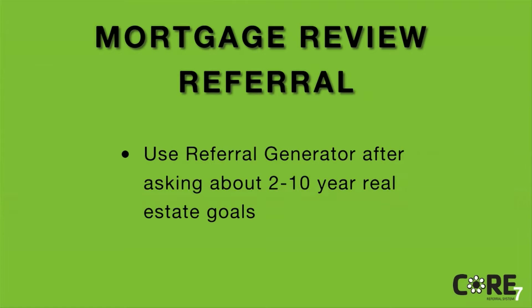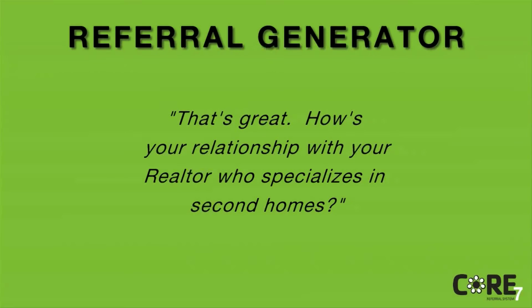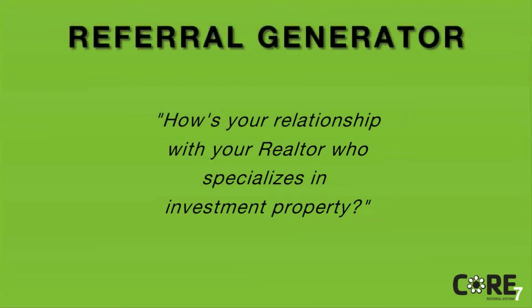Let me give you an example. If the client says they are looking for a second home, I'll say, that's great. How's your relationship with your realtor who specializes in second homes? If they're looking for an investment property, it's the same thing. How's your relationship with your real estate agent who specializes in investment property?